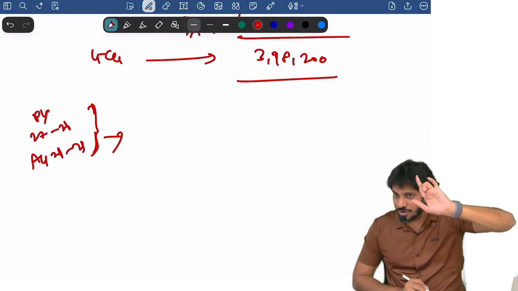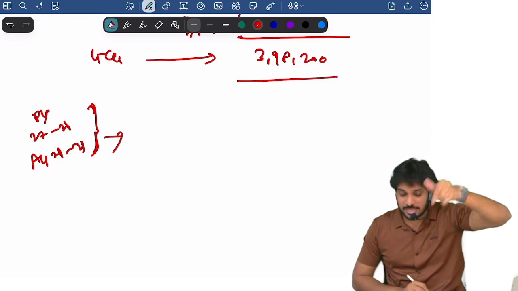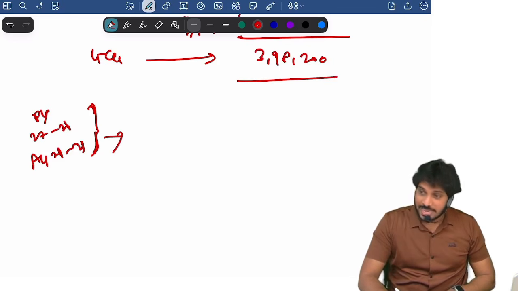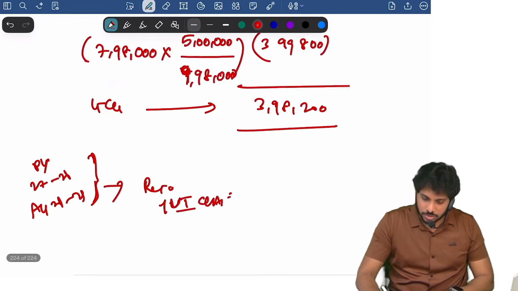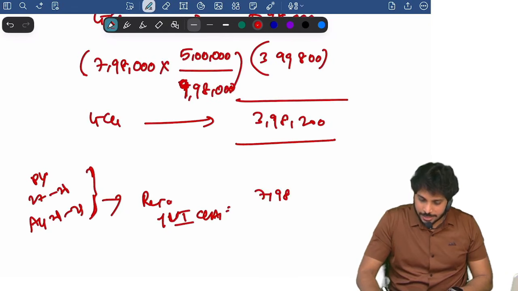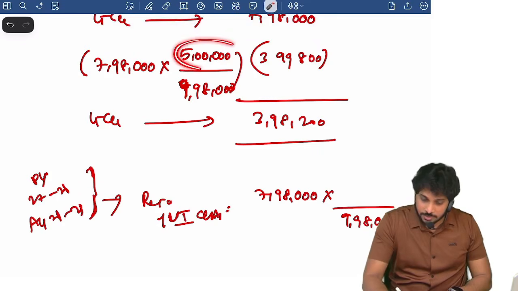Only one house. Under 54F, you will get exemption only for one house. You should not buy another house moreover. So 27-28, retaxation will apply. How much will be retaxation of unutilized capital gain account scheme amount? Same proportion. You remember earlier 7 lakh 98 is the capital gain, whereas net consideration is 9 lakh 98, and you claimed exemption for 5 lakhs.